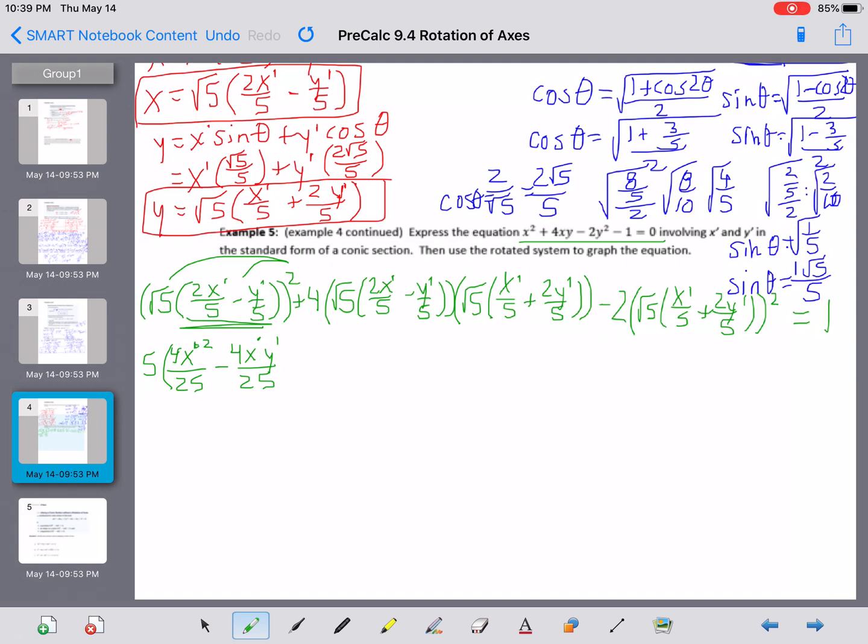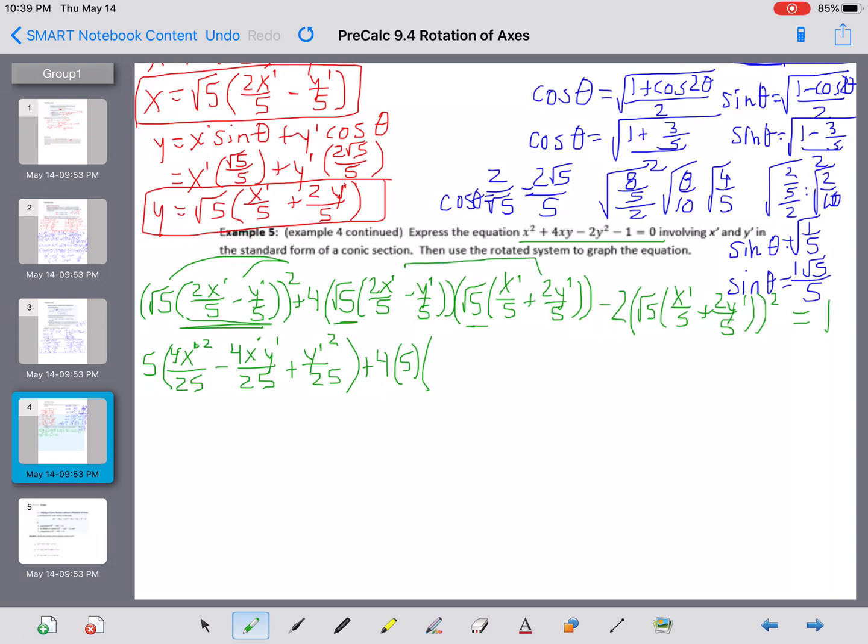Okay. In the middle, I'm going to get that 4 out front. When I multiply this parenthesis times this parenthesis, I'm going to get a 5 when I multiply radical 5 times radical 5. And now I'm going to FOIL these two parentheses together. Okay, I probably should call these brackets.